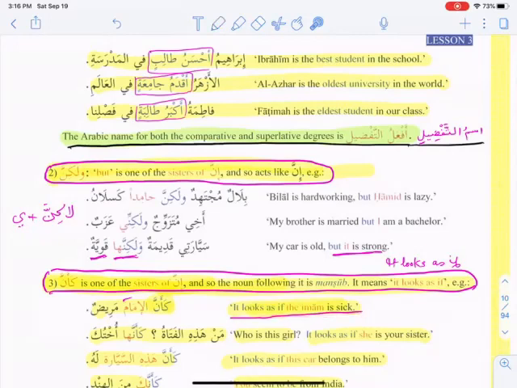Man hadhi al-fatatu. Who is this girl? Ka'annaha. It looks as if she's your sister. Ka'anna ukhtuka. So ka'annaha, ha is your ismu ka'anna, mansub. Where is the khabar? Be careful. Watch for the khabar.